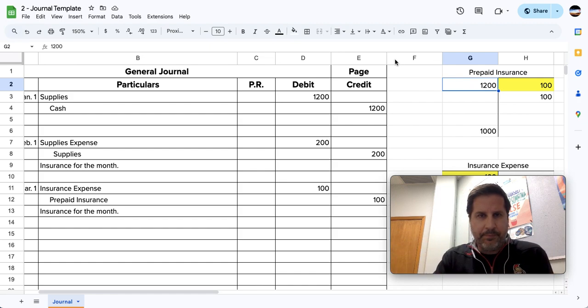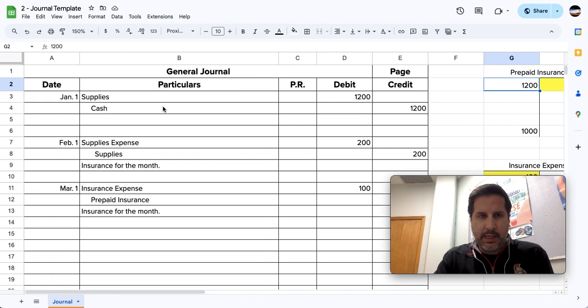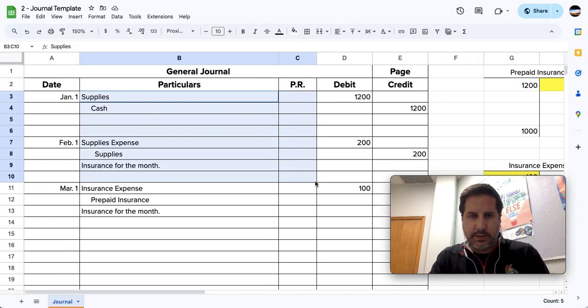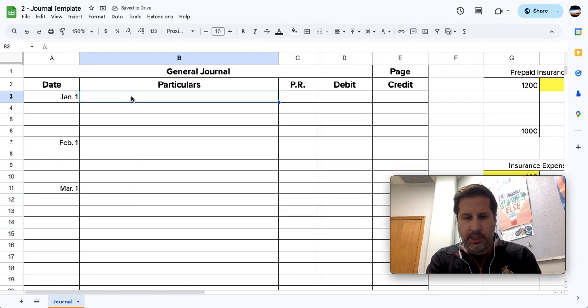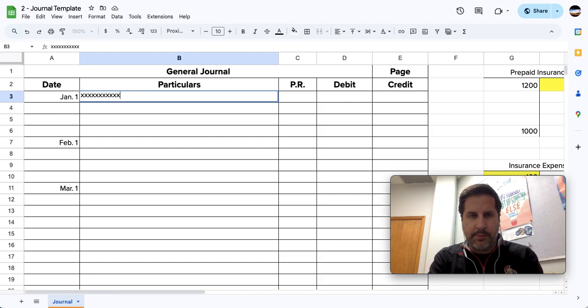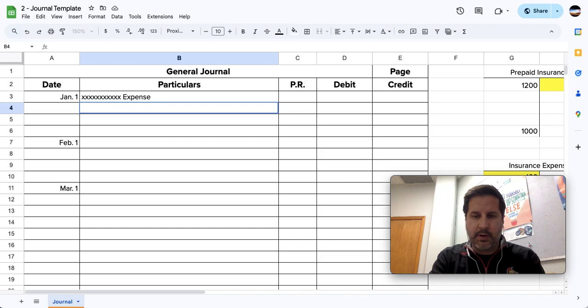I want to tell you one last trick, and I can't remember if I did this in the last video, but the really nice thing about doing adjusting entries, and it doesn't matter which one it is, 100% of the time it's going to be whichever item it is, and then the word expense, because it becomes an expense, and then it's going to be the name of the asset every single time.